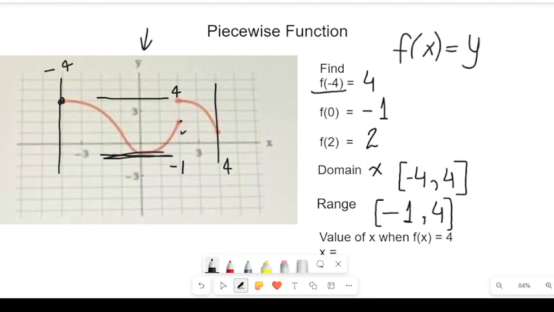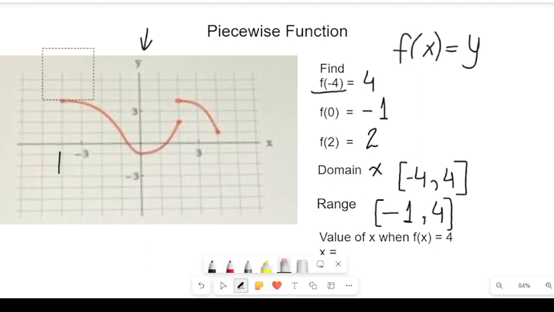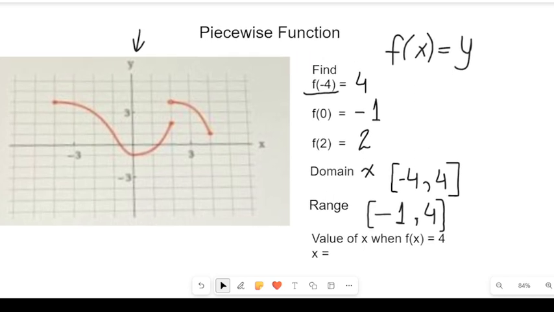Next, it asks us for the value of x when our f of x, that is y, is equal to 4. So what's the value of our x when our y is 4? Let's clear it up again. When our y is 4, so 1, 2, 3, 4, this is 4. What is the value of our x?